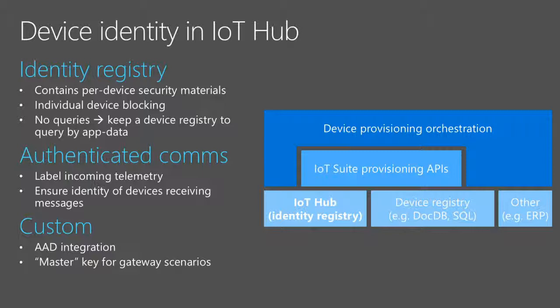We will offer the ability to store device identities in AAD, which of course opens all the federation abilities that AAD has, on-prem storage and so on and so forth, but also to effectively code gateway scenarios where you are using completely custom authentication schemes and still have the ability to maintain the identity functionalities that IoT Hub exposes in your solution.